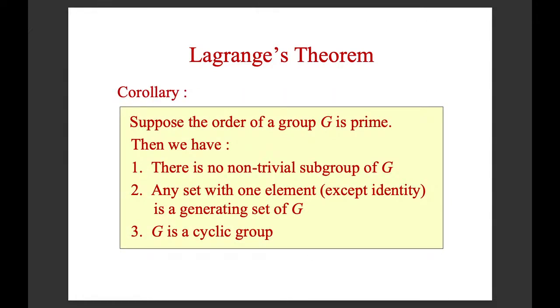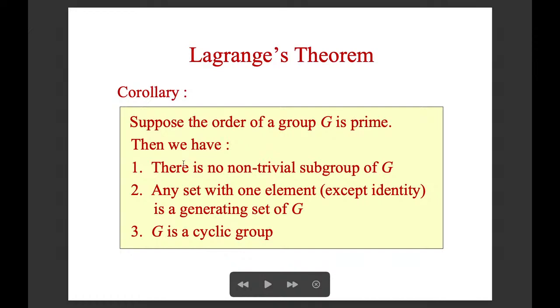So we have a corollary. Suppose that the order of a group G is prime. By Lagrange, we know that the order of any subgroup of G will divide the order of G. But the order of G is a prime number. So what can happen for the subgroup? The subgroup of G can either have order 1 or order of the prime P that G has.